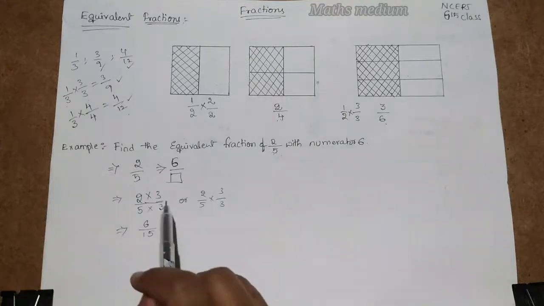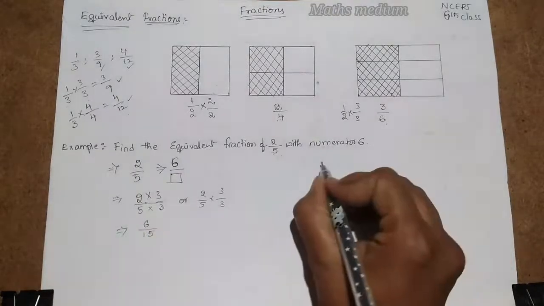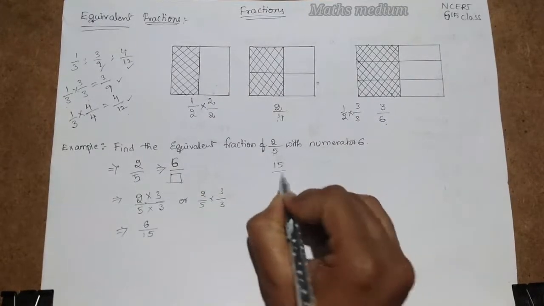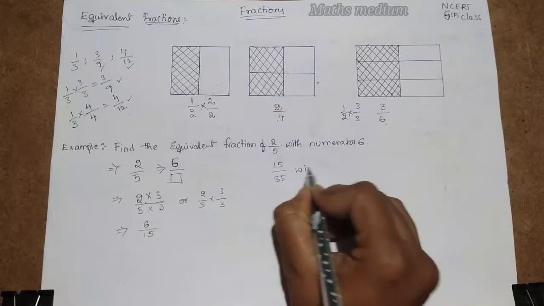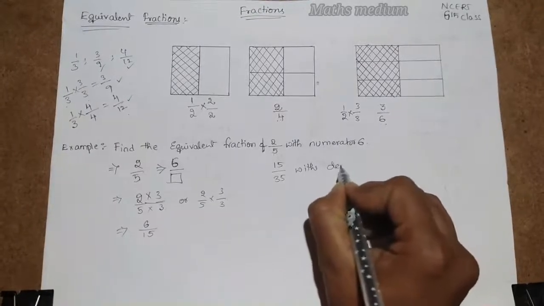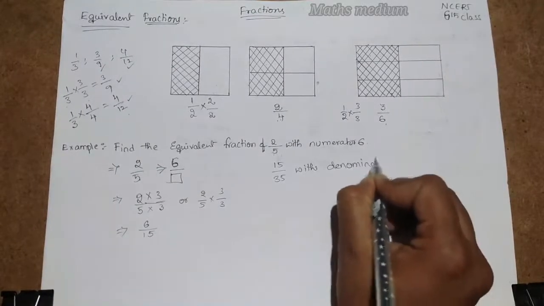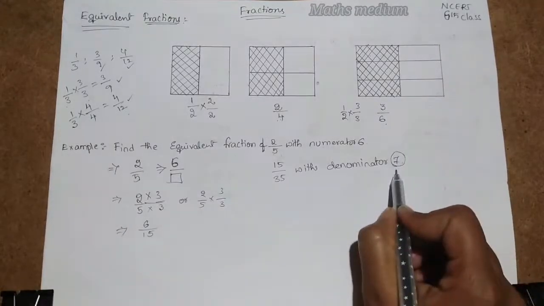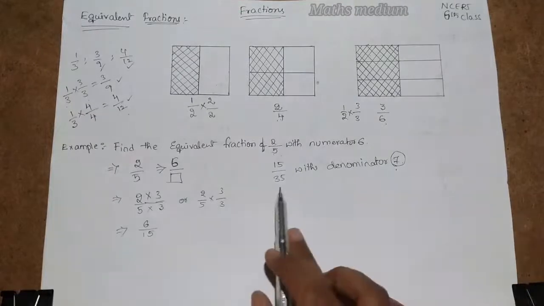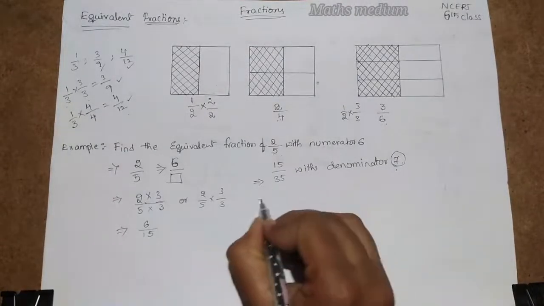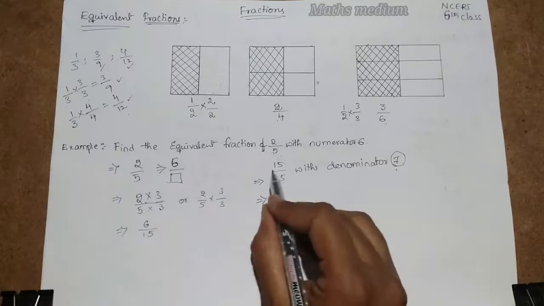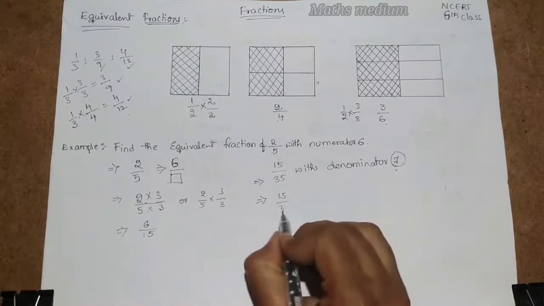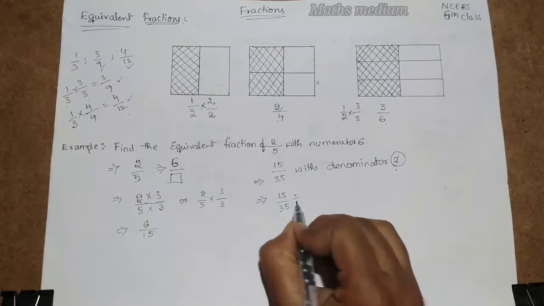If you take another problem, the question is the same, but here it is 15 by 35 with denominator 7. In this case we have to find the equivalent fraction with denominator 7. So I am going to divide the numerator and denominator with the same number.